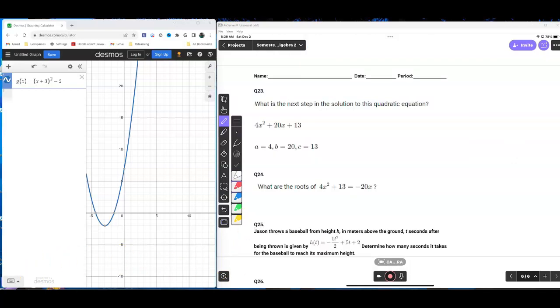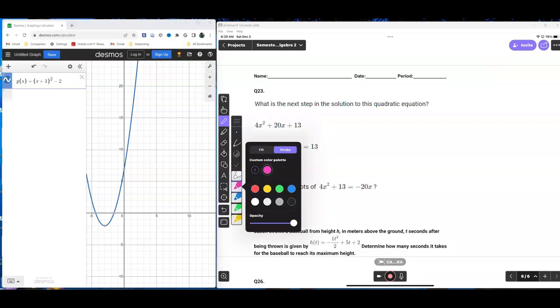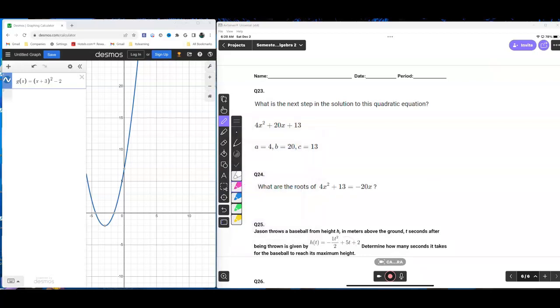What is the next step in the solution to this quadratic equation? So what they want you to do is actually show the steps to solve this. The first step, of course, is making sure this is equal to 0. The next step is to identify your A, B, and C. And then if you're using the quadratic formula, it's negative B plus or minus square root B squared minus 4 times AC, divided by 2A.